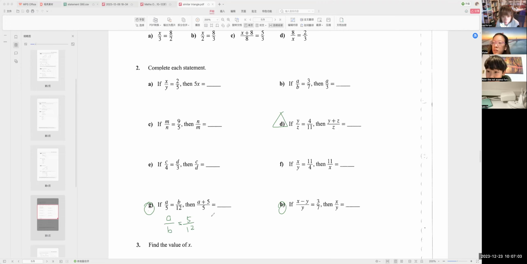So A could equal 5, correct? But we have 8 over 5 plus 5 over 5. Do you understand this one? So we don't really need 8 over 5 because A over 5, we already know it's B over 12. So 5 over 5 equals 1. So basically it's 1 plus B over 12.